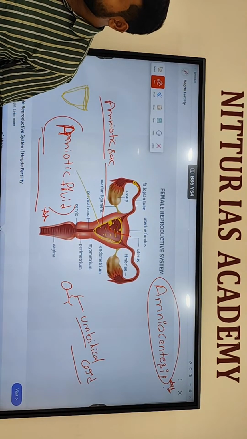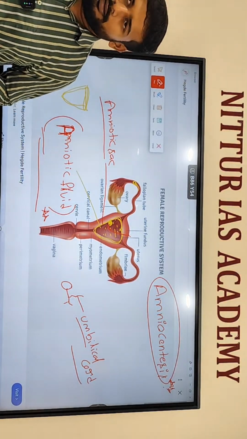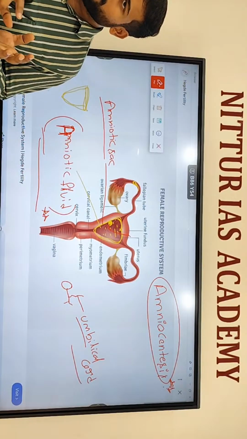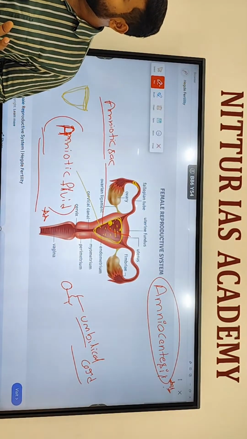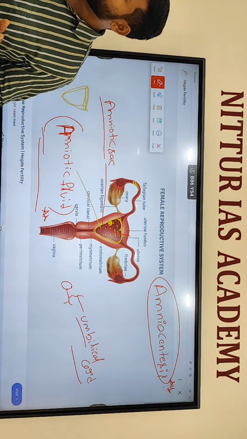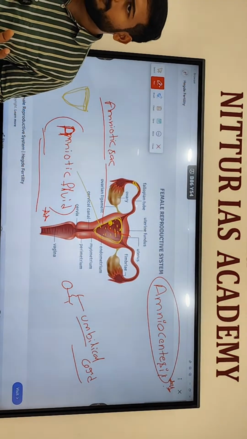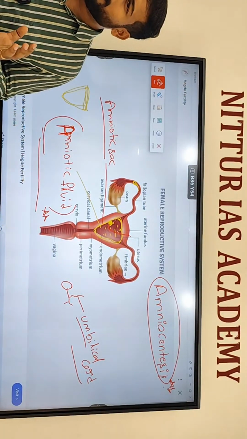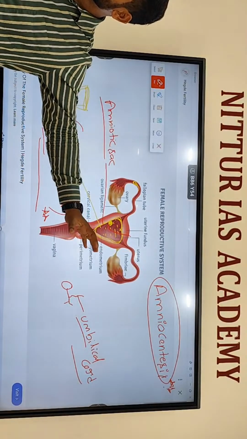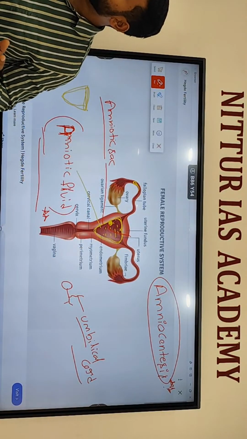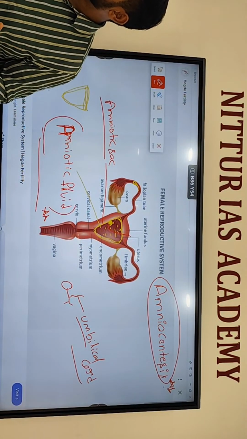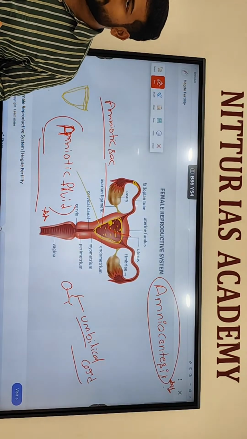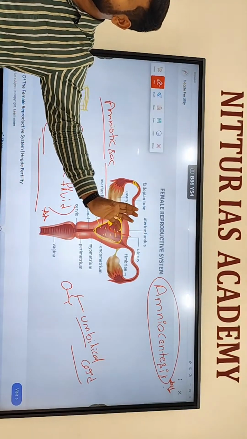Generally, if the mother's womb is filled with a normal amount of water and there are no genetic issues on both the mother's and father's side, the doctor will not suggest this test. If the amount of liquid inside the womb is more, the doctor will suggest this test to be on the safer side.